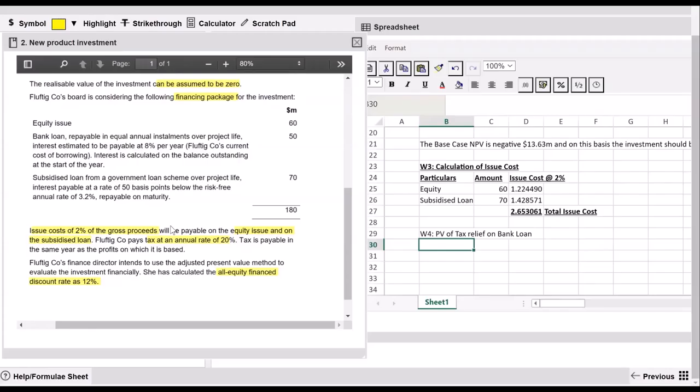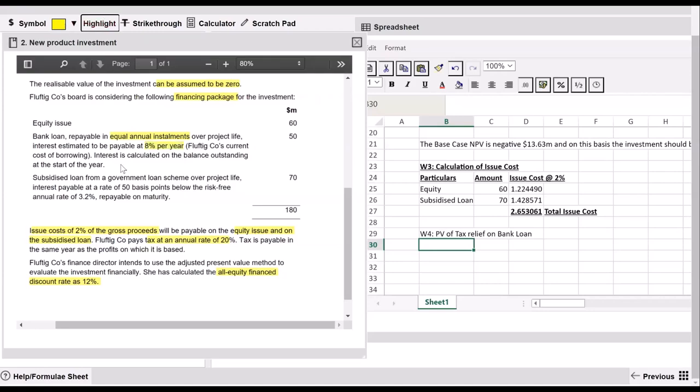Now, the first thing is that it is very clearly specified here. It is repayable in equal annual installments. The interest rate is 8%. So we will have to find out the equal annual installment.